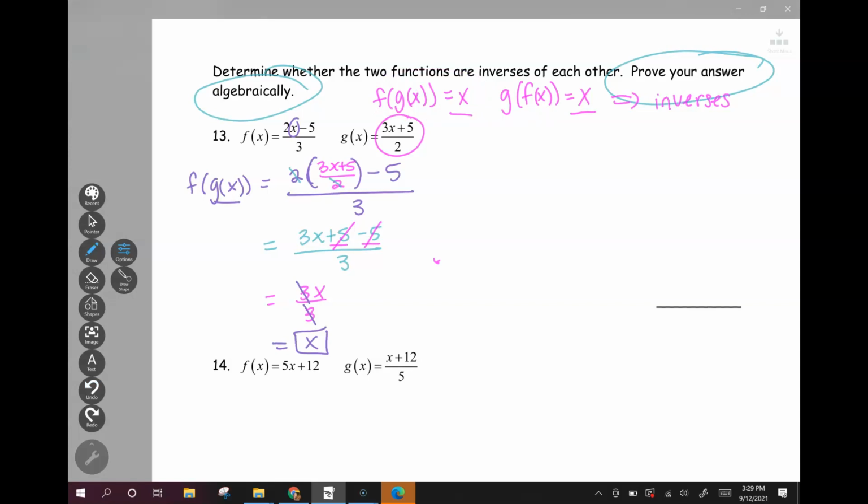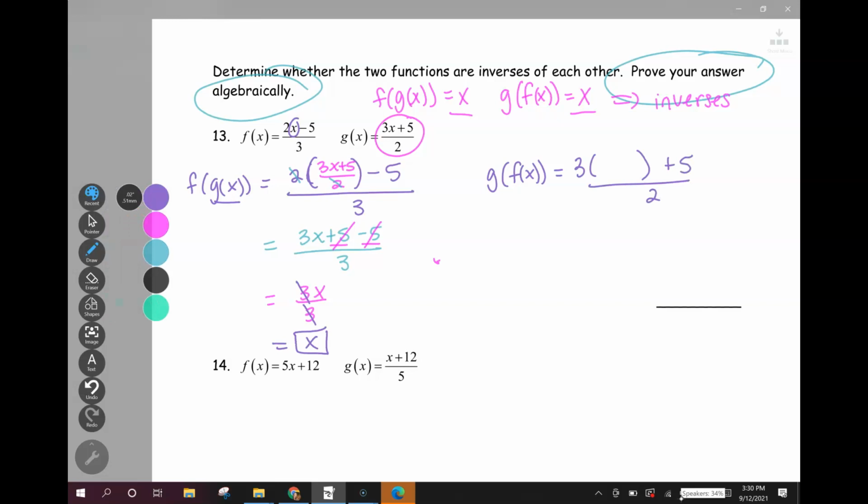All right, next one, we need to do g of f of x, so same thing, but now plugging f into g, and we want that to come out to x as well. So start by writing g, but leave a big parentheses where the x goes. Okay, now I'm going to plug f in. That is 2x minus 5 over 3. Okay, again, 3 divided by 3 cancels.